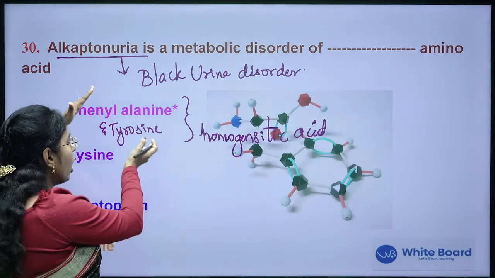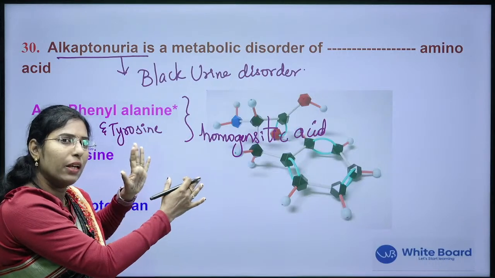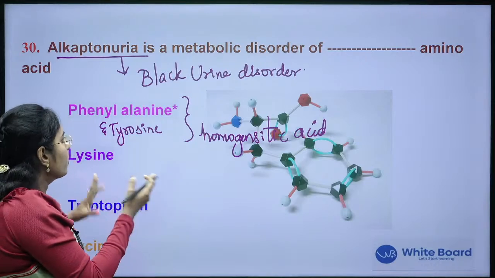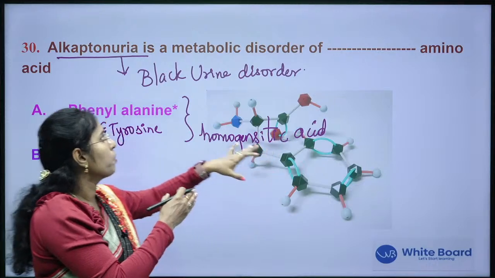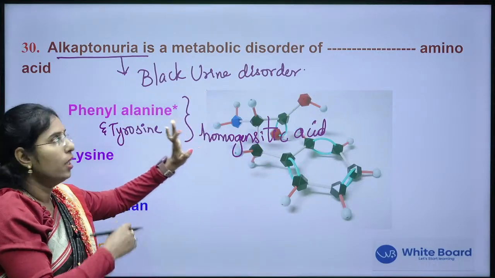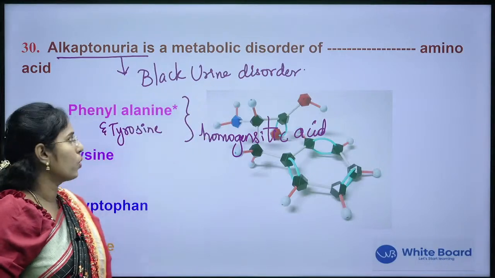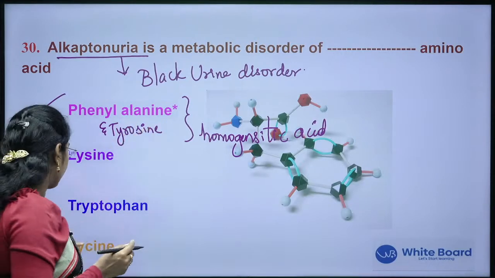They will not be completely metabolized due to lack of an enzyme, so it will produce homogentisic acid, and this is responsible for the black color of the urine. That is why alkaptonuria is also known as black urine disorder. So the first one, phenylalanine and tyrosine, is the correct answer.